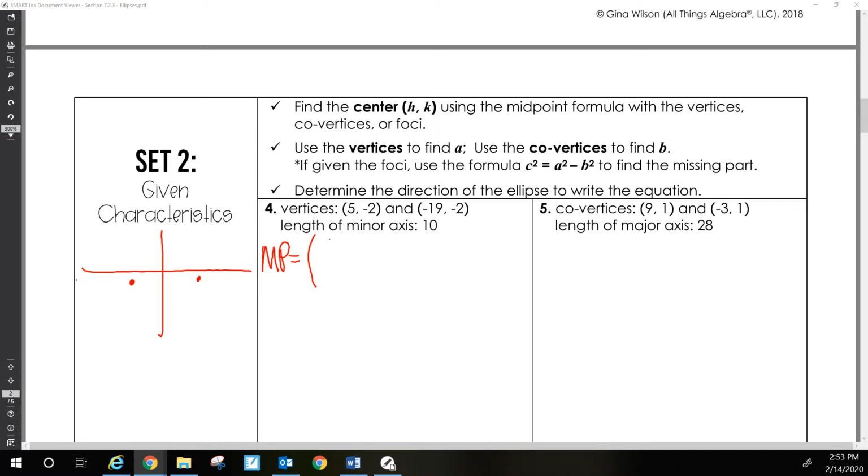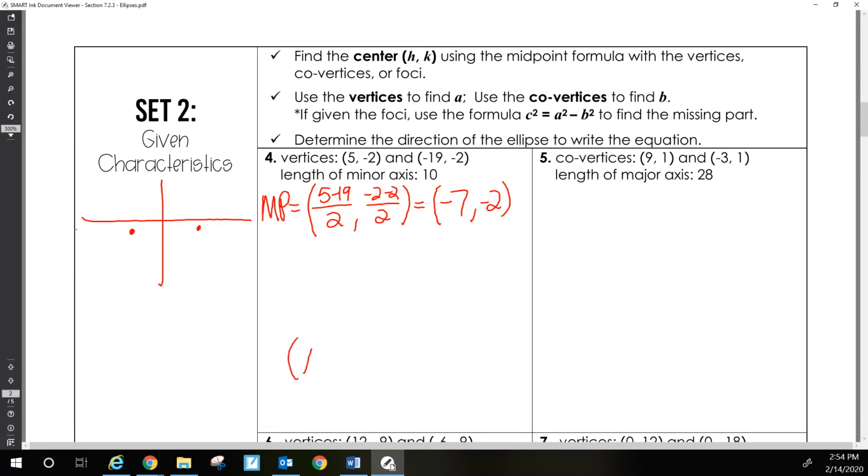So here we got (5 minus 19) divided by 2, (-2 minus 2) divided by 2. 5 minus 19 would be -14, divided by 2 is -7. -2 minus 2 is -4, divided by 2 is -2. So there's our center. So when we're writing our equation, we already know it's (x minus a minus 7) squared, (y minus a minus 2) squared. We know it's going to be equal to 1, but now we got to go find a and b.